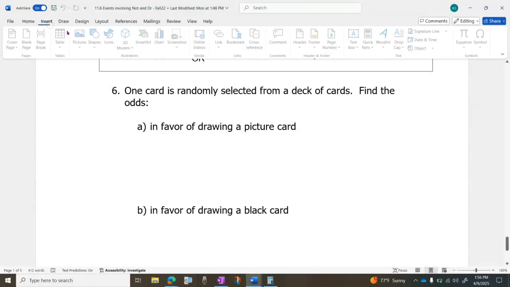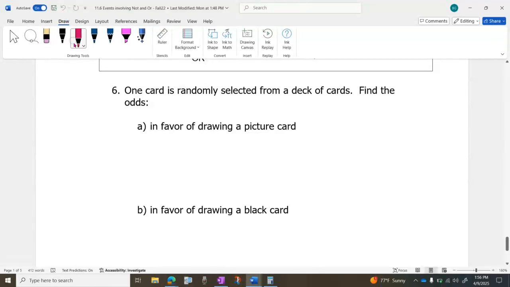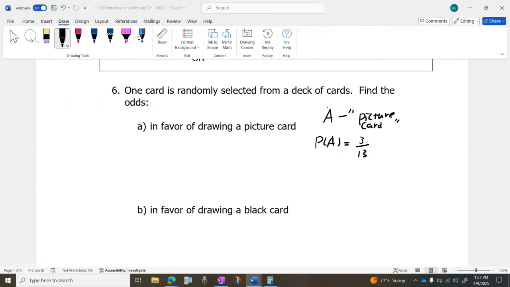Okay, so let's use A to represent drawing a picture card. All right, then P of A equals 3 over 13. Do you agree?